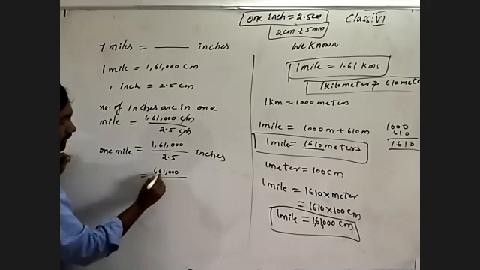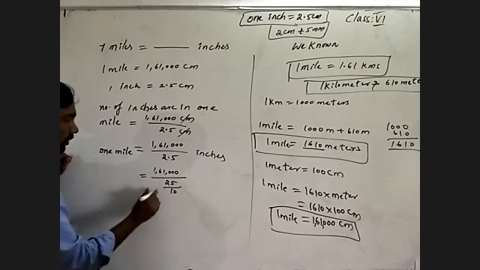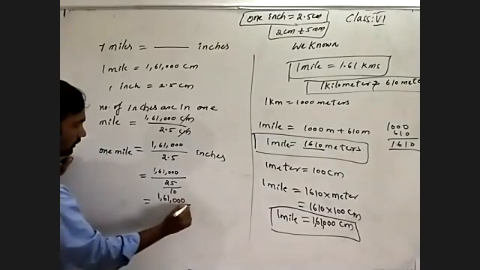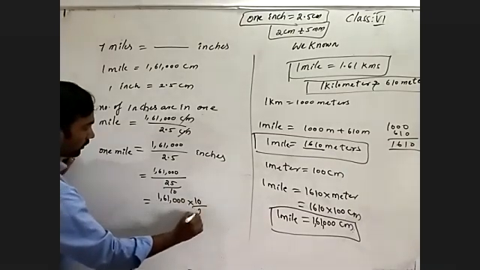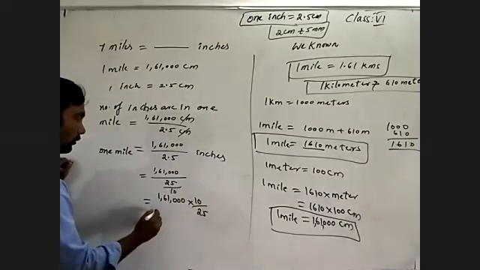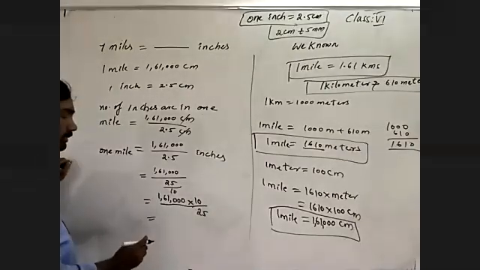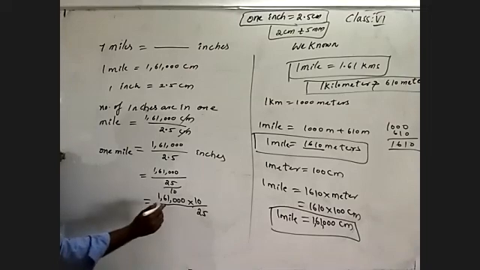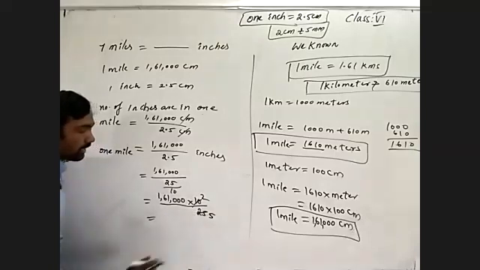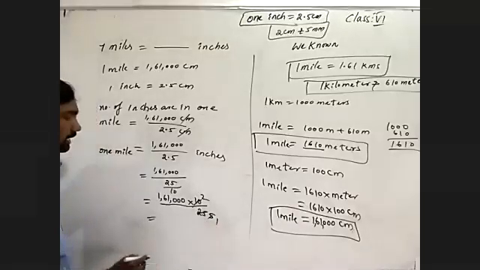So we write 1,61,000 divided by 25 by 10, by making the reciprocal, 1,61,000 into 10 by 25. The reciprocal goes into the numerator position. Then we can make cancellation: 5 2s are 10, 5 5s are 25.